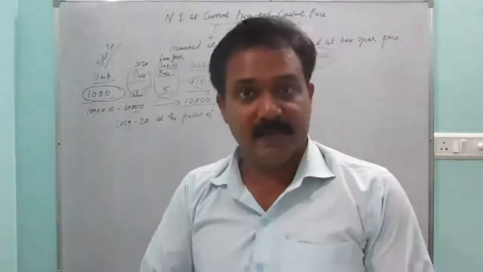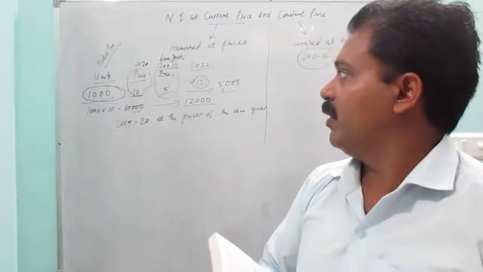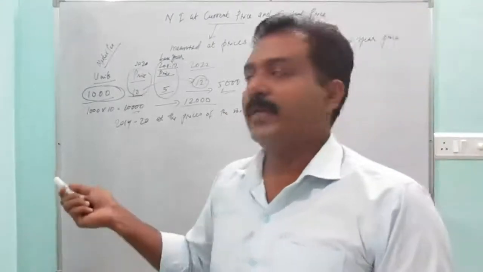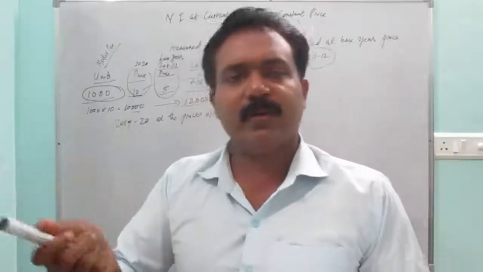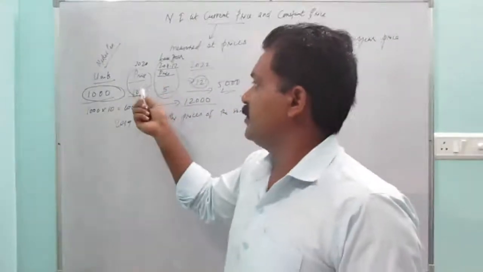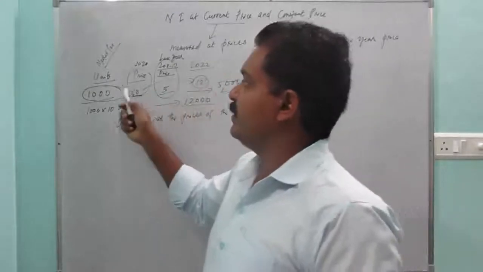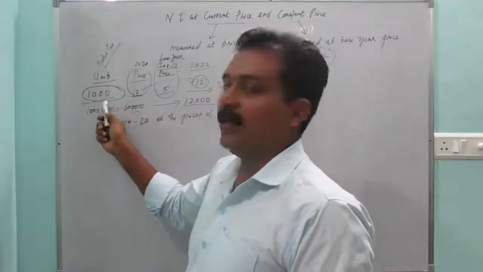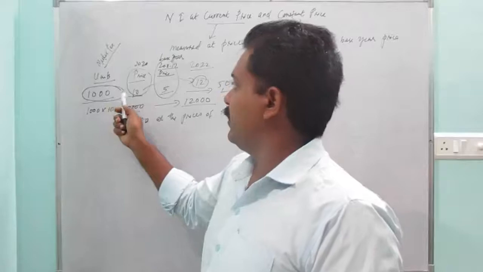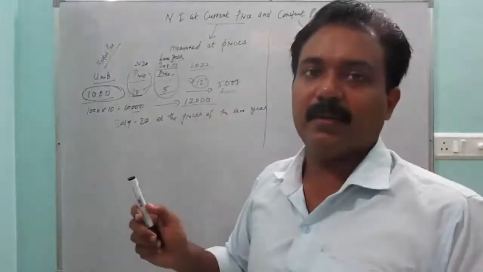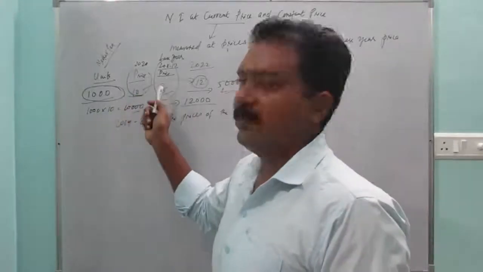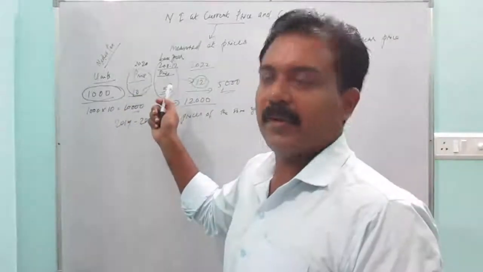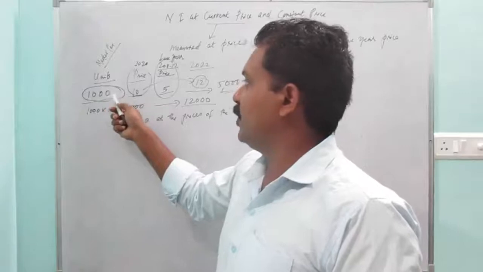This is the condition of all other commodities, goods and services, all the goods and services will be in the same condition. So if there is any change in units only, there will be change in national income. With the price there won't be any change. Okay, with the units only.